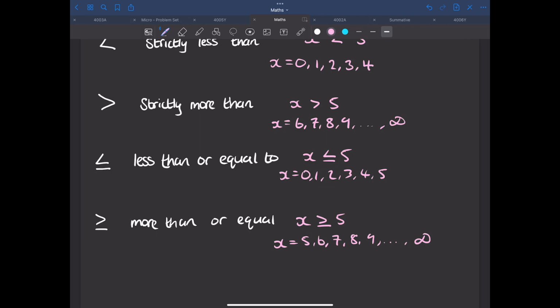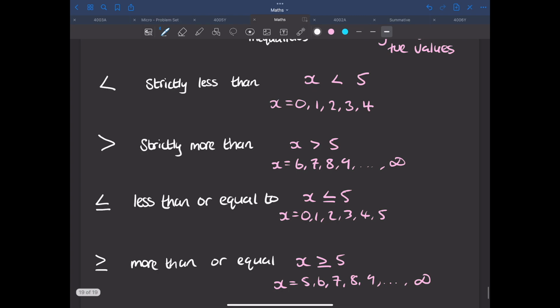So as we can see here, the clear difference between these two and these two is that one includes the value which is given. Here, x is more than 5 means it doesn't include 5, but x is more than or equal to 5 does include 5. So those are key things.